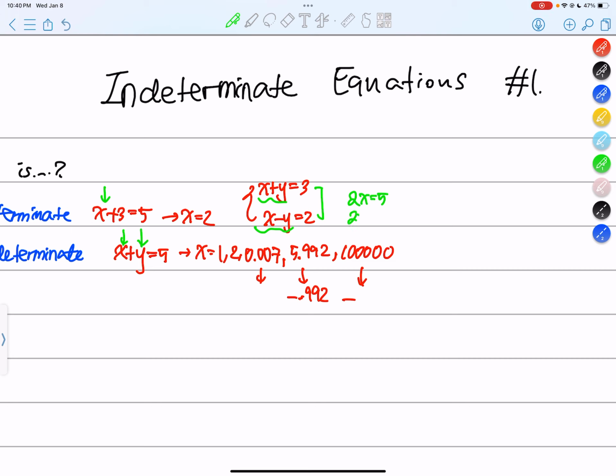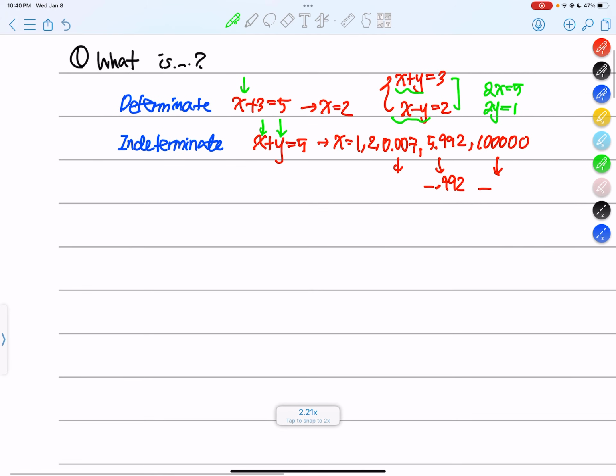So this is how you would get it. So an indeterminate case is really when you have more variables than equations. Practically, this is the definition we will go for.